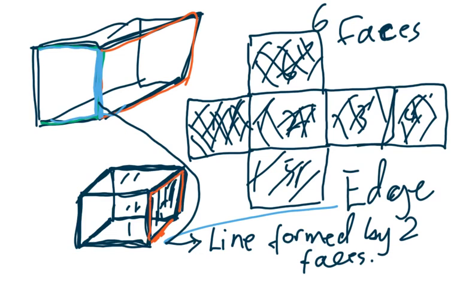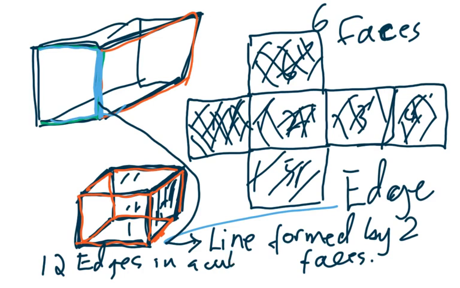So that is 4, 5, 6, 7, 8, 9, 10, 11, 12. So there are 12 edges in a cuboid, and an edge is a line formed by two faces.